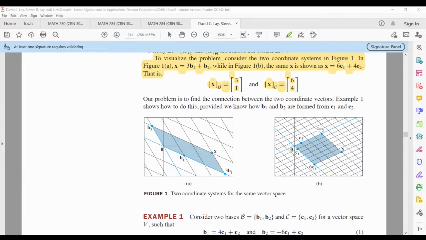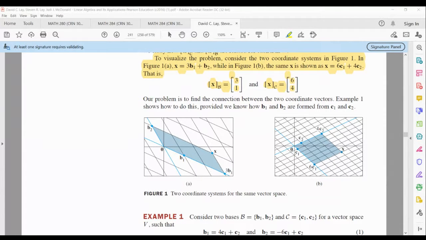Who else is seeing that in figure 1, pictures A and B, the vector x is in the same location in the vector space? The dot for the vector x, that blue dot, is in the exact same location for pictures A and B in figure 1. I'd like to see a few more thumbs up to see if you're comfortable with that. Okay, Andres is comfortable, Catherine is comfortable.